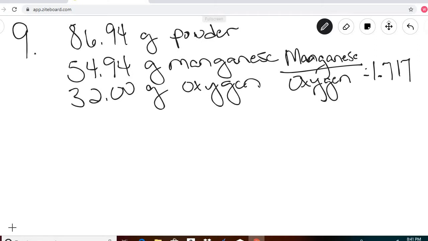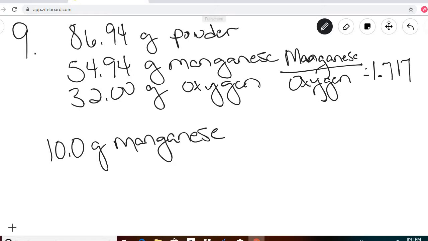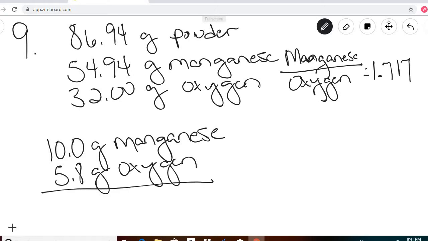Okay, so then question number 9 says we are going to mix 10 grams of manganese and 5.8 grams of oxygen, and we will make 15.8 grams of powder.